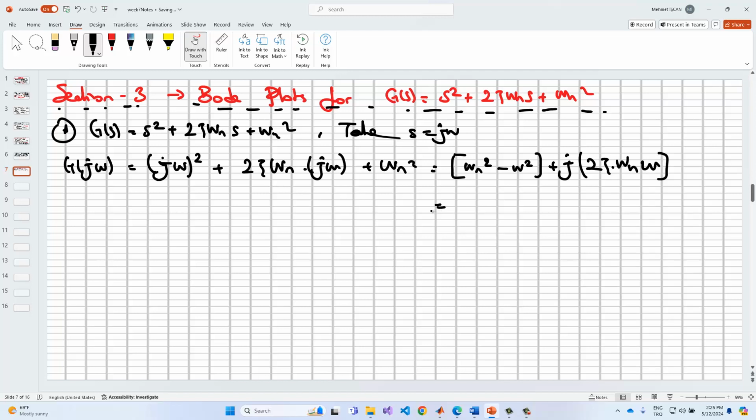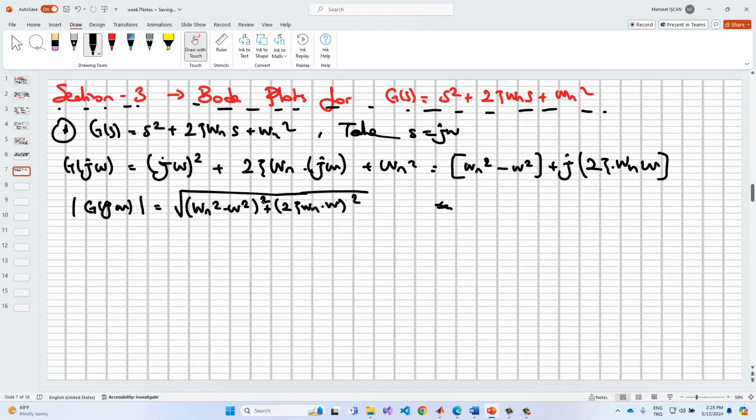And so in this case, the magnitude of the system response can be calculated as the square root of (ωn² minus ω²)² plus (2ζωn ω)². And so if the frequency is increased, then we increase the response of these terms.